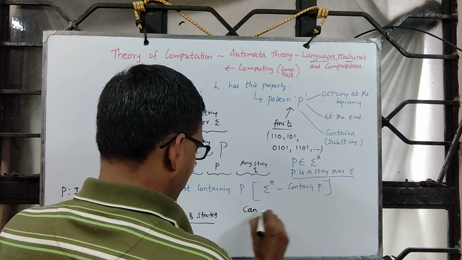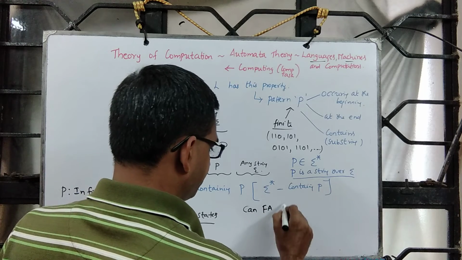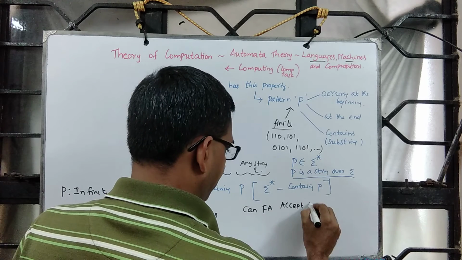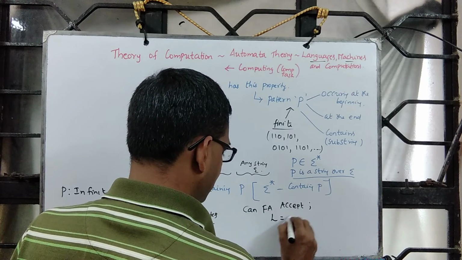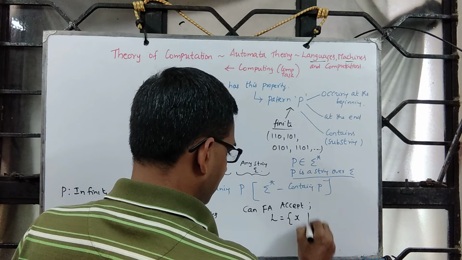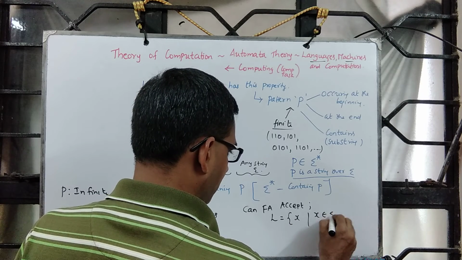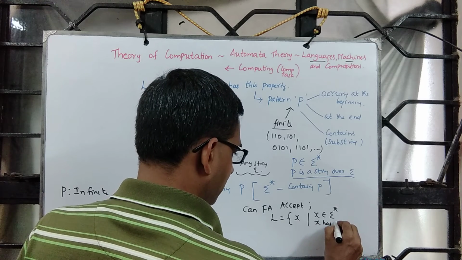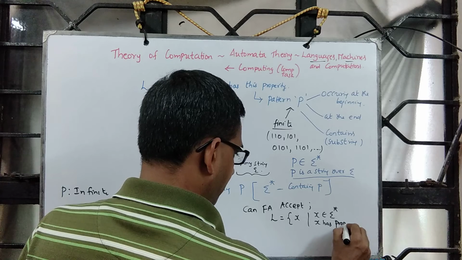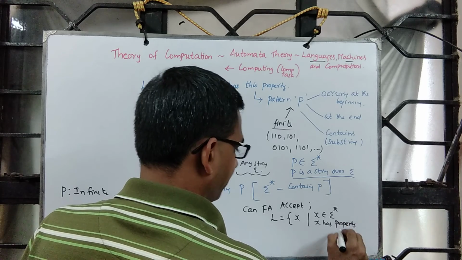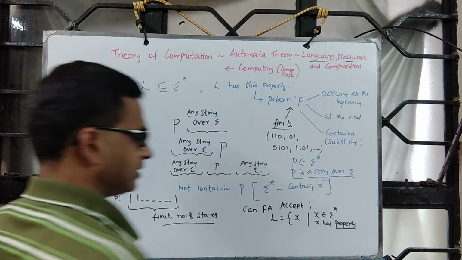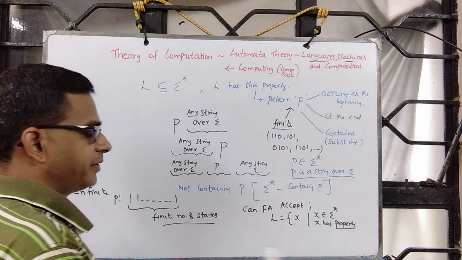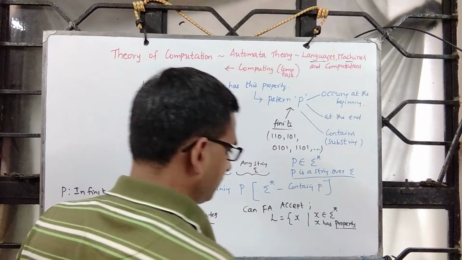So can a finite automaton accept this language? What is this? L consisting of the set of X such that X is a string over sigma and X has some property. The property is containing the pattern, or the pattern P is at the beginning or at the end, and so on.